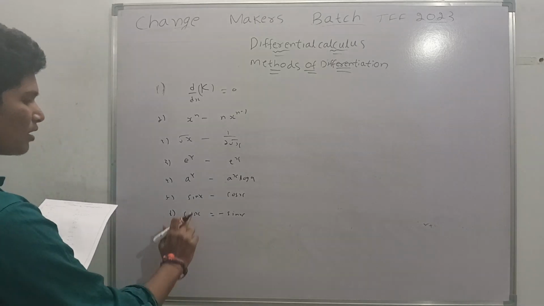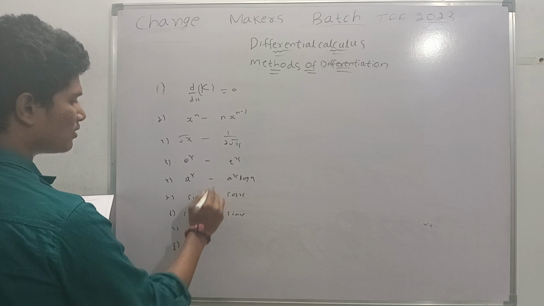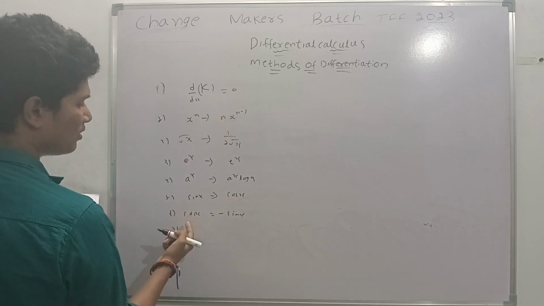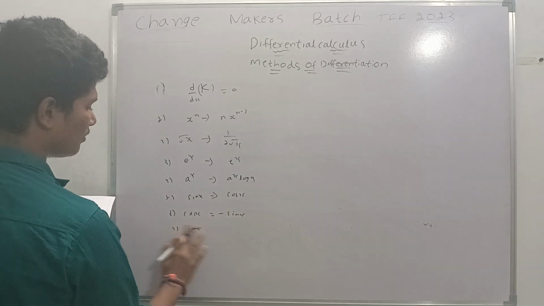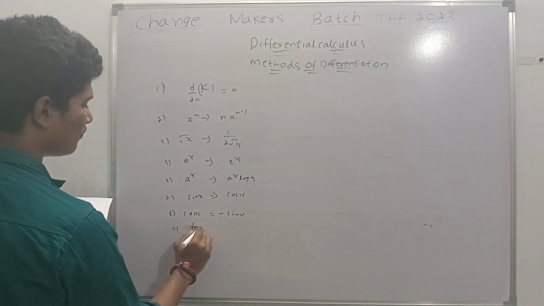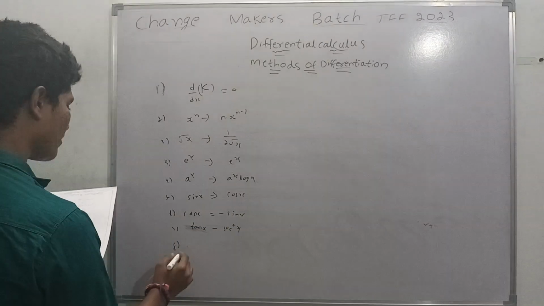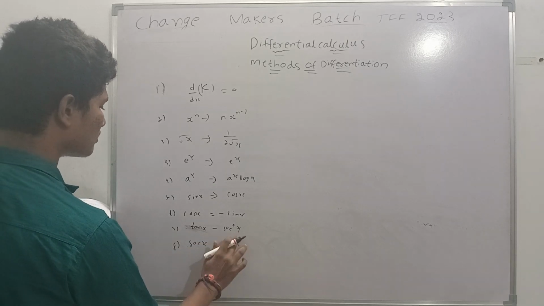See, if you observe, sin x goes to cos x, and cos x goes to minus sin x. Next, tan x. For tan x, the differentiation is secant square x. And for secant x, it is secant x tan x.